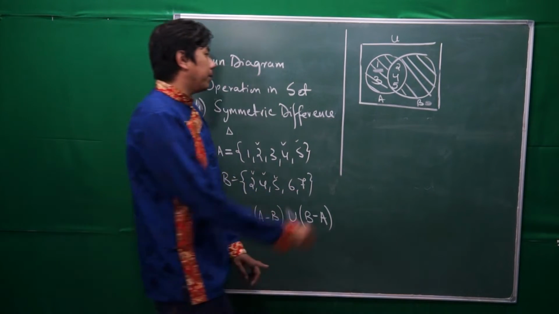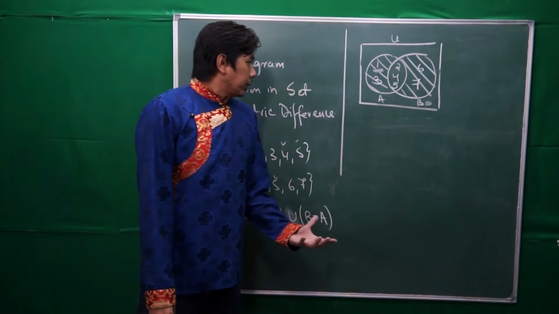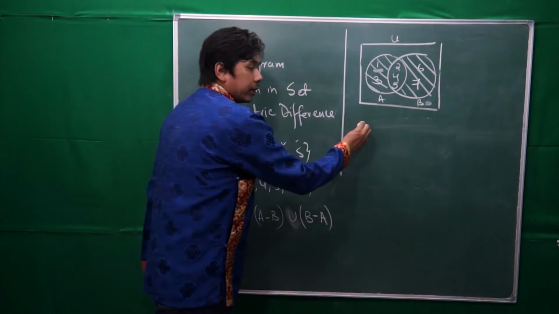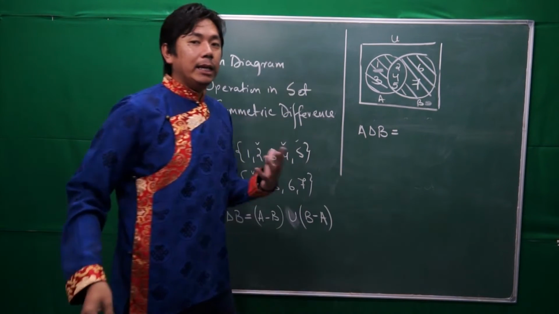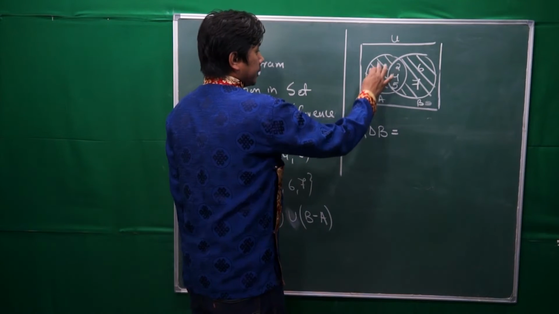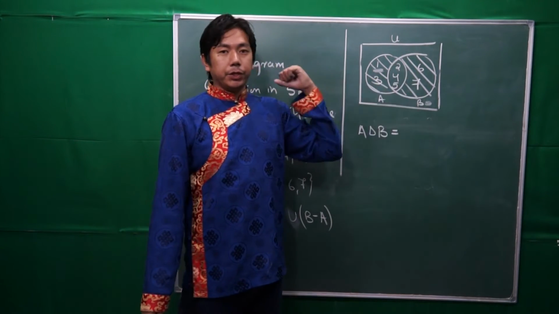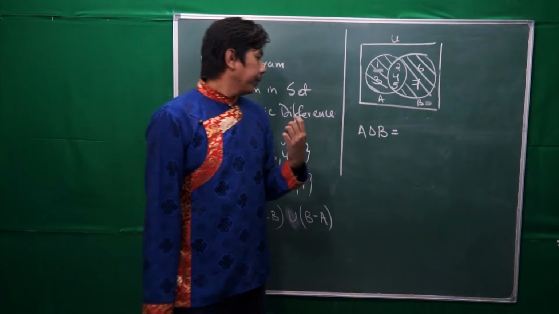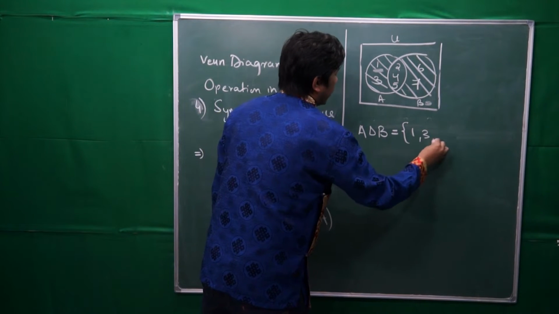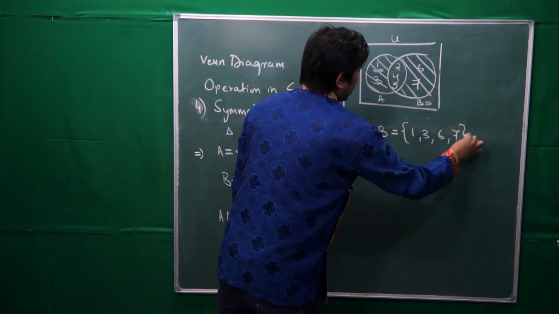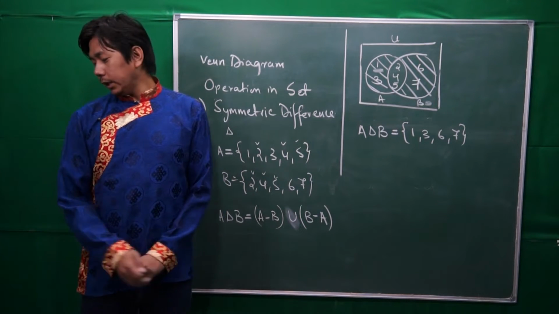What is left? 6 and 7 is left. So you can clearly see symmetric difference between A and B is equal to this region and this region, excluding the central region. Is it clear? So the resultant set would be 1, 3, 6, 7. Clear? Okay.